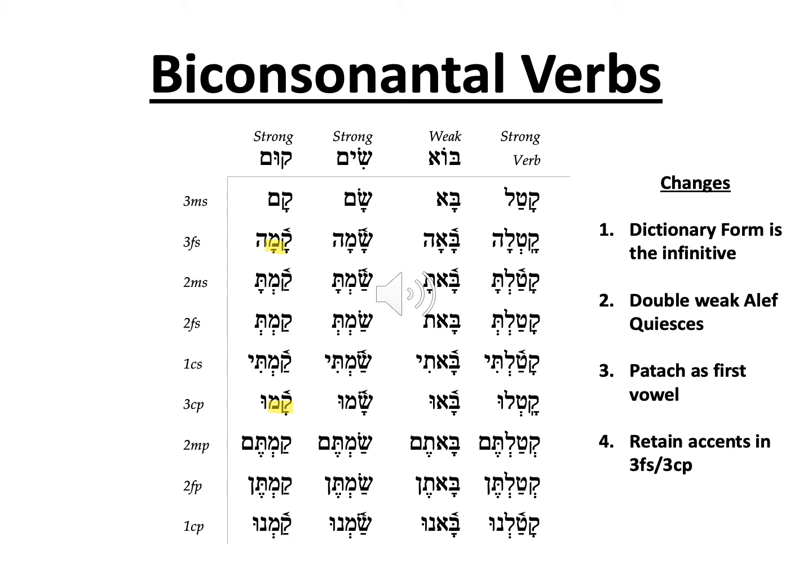You will notice that this form still takes a patak under the first letter and still retains the accent on the second to last syllable in the 3fs and the 3cp. However, there is no holem vav in the second person and first person verbs, indicating that this is not a geminate but a biconsonantal verb.